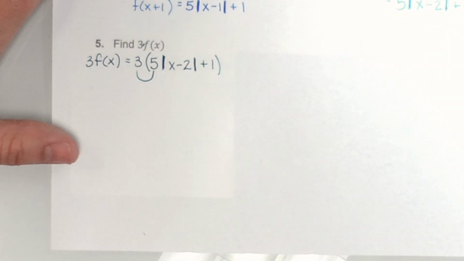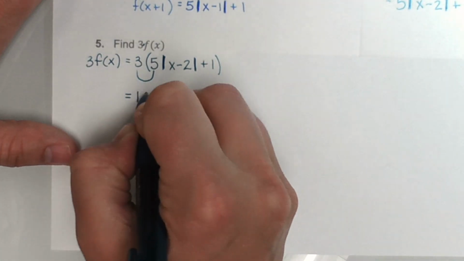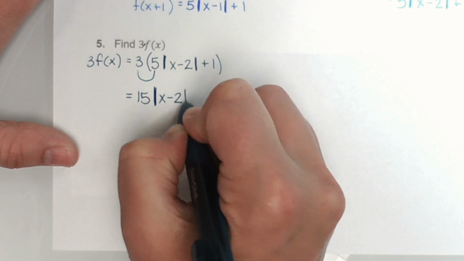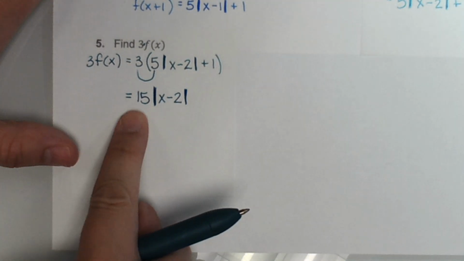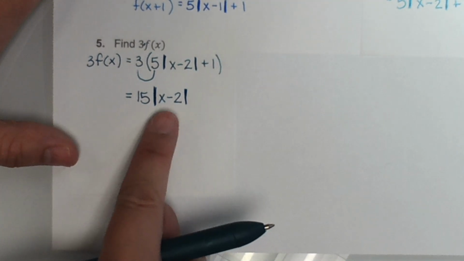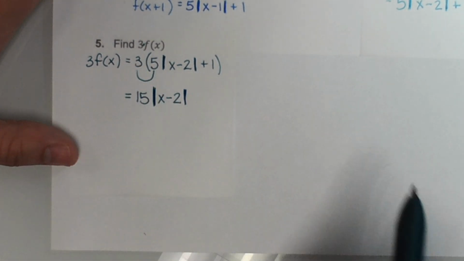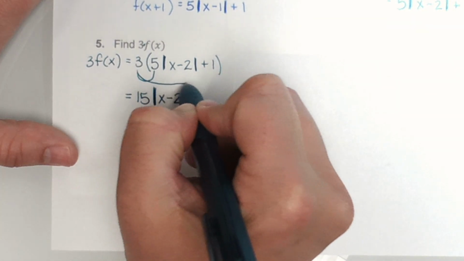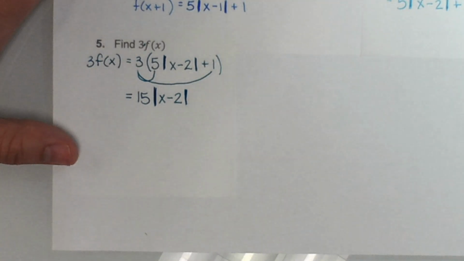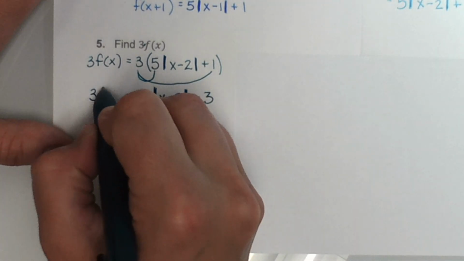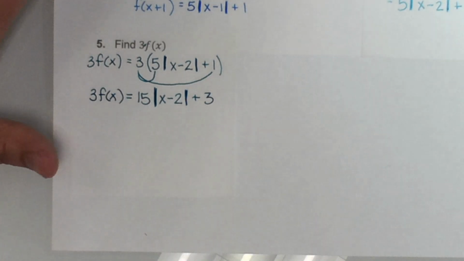Three times 5? 15. The absolute value itself does not get distributed into. The 15 here will take care of the fact that something's getting multiplied by x minus 2, both the 3 and the 5. And then this gets distributed over here as well. That is 3 times f of x.